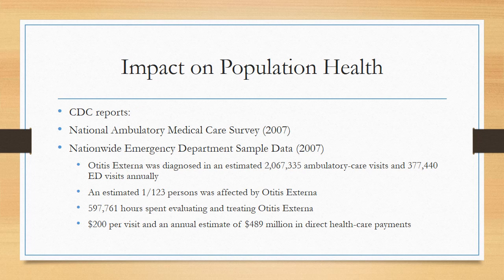According to the CDC in 2007, it was estimated that every 1 out of 123 persons was affected with otitis externa, and healthcare providers spent an average of 597,761 hours evaluating and treating otitis externa, at a cost of $200 per visit and an annual estimate of $489 million in direct healthcare payments related to this condition. We can see why it is imperative that prevention be a topic that we discuss with these patients to prevent costly healthcare measures in the future.